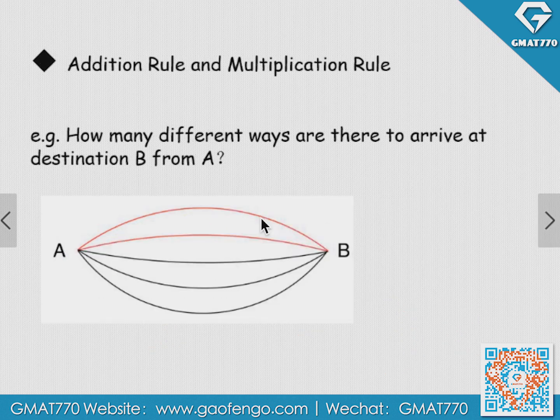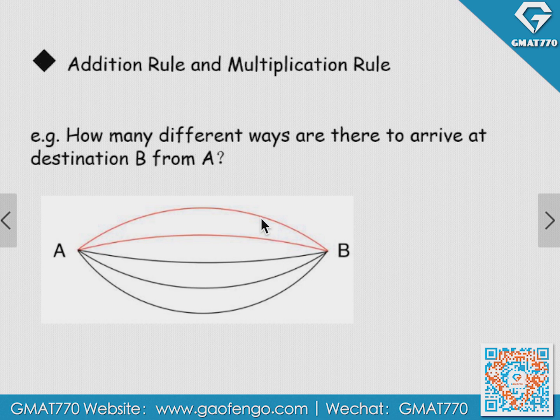So here is another example. Actually, the question is the same as the last one. How many different ways are there to arrive at destination B from A? But the picture is different. As we learned from this picture, you only have 1 procedure to arrive at B from A. And in this procedure, you have 2 red lines and 3 black lines.